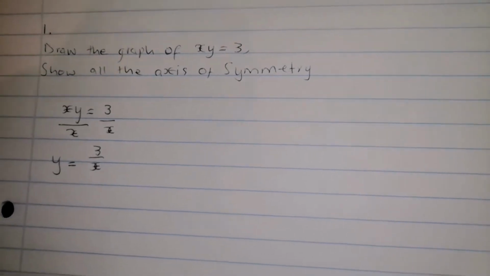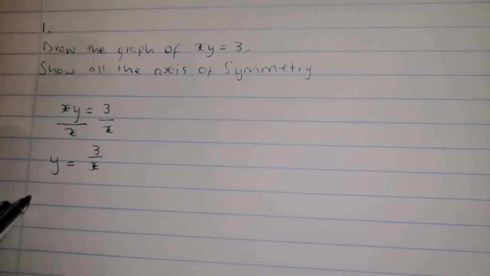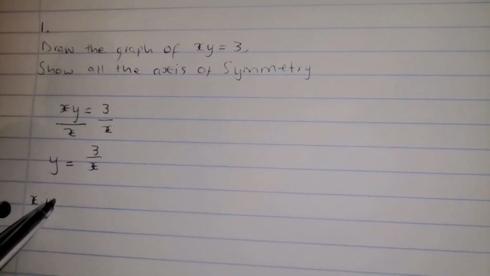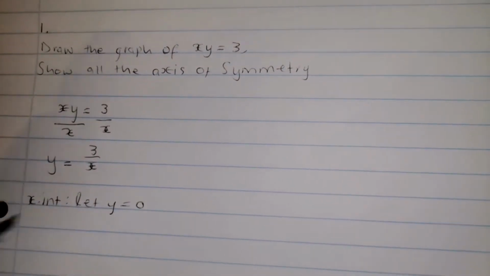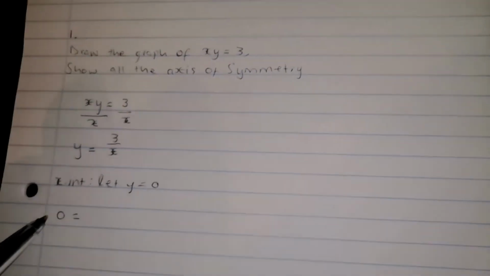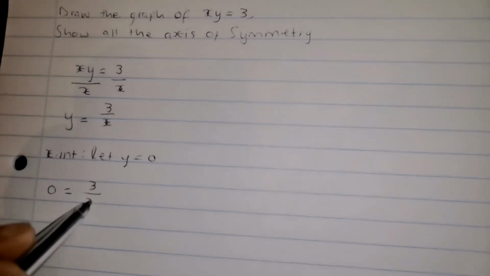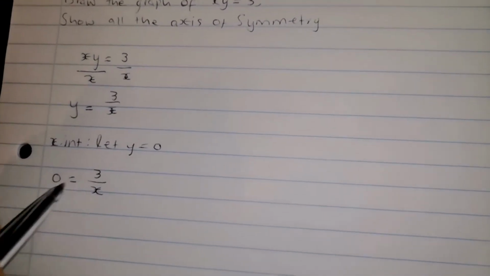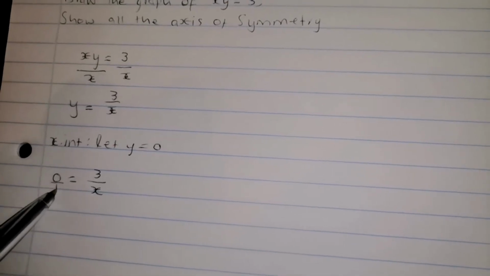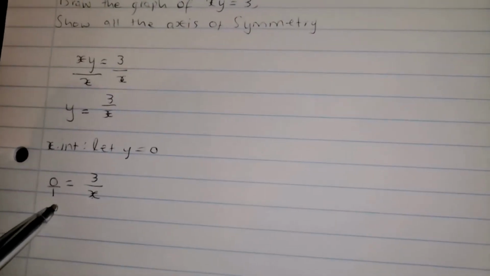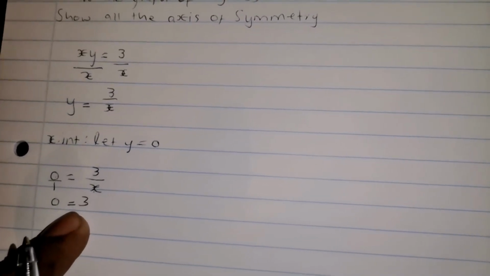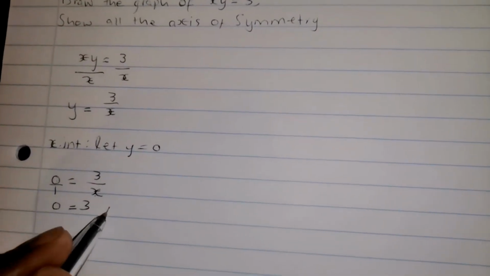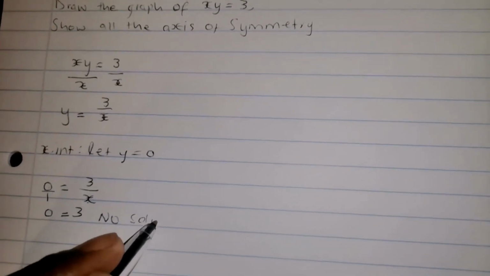Then the x-intercept: let y be 0. 0 equals 3 over x. When you cross multiply, 0 times x is 0, 1 times 3 is 3. There's no solution for this one, it does not exist.